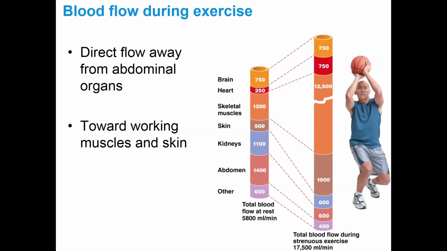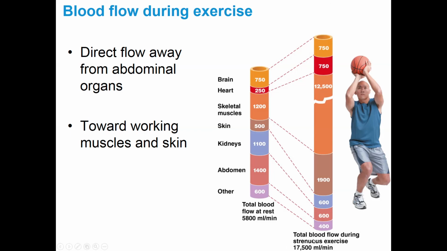It's getting 750 mLs at rest and then 750 mLs during exercise. The other thing you'll see is skeletal muscles at rest getting 1200 mLs. Well, during exercise, you're going to need a lot more blood flow to the working muscles, so they're going to get 12,500 mLs.